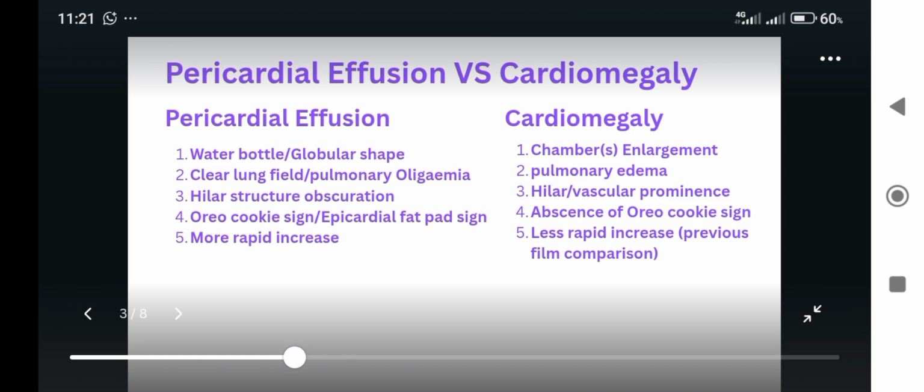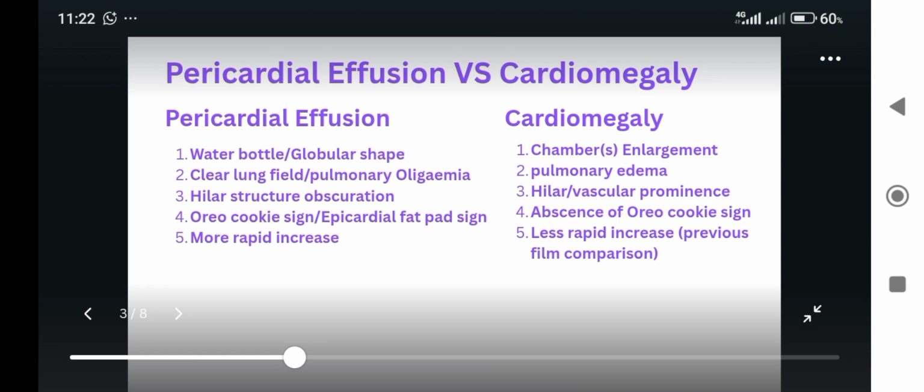But in cardiomegaly, you can have chamber enlargement, with different chambers enlarged. We discussed chamber enlargement last week, so you can check the videos in the series, find chamber enlargement and go through it. Chamber enlargement gives different shapes depending on the chamber that is enlarged.